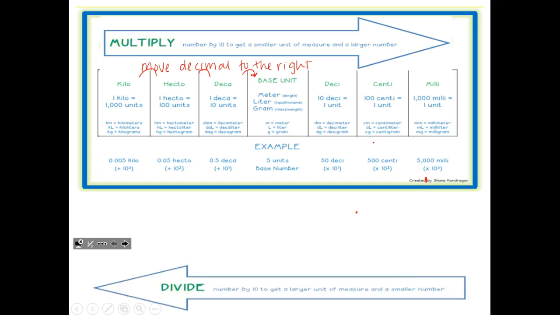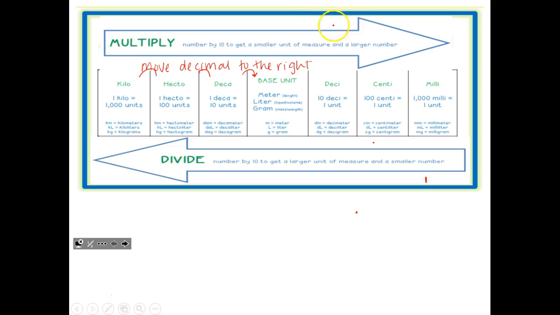The opposite applies if you're going from a smaller unit. So maybe if you're starting down here in the milli and you're going to a larger prefix. So if you're going from a smaller prefix to a larger prefix, if you go from right to left, you would divide by the power of 10. Okay, so divide by the power of 10. So going from milli to centi, you divide by 10, because they just differ by 1 power of 10.